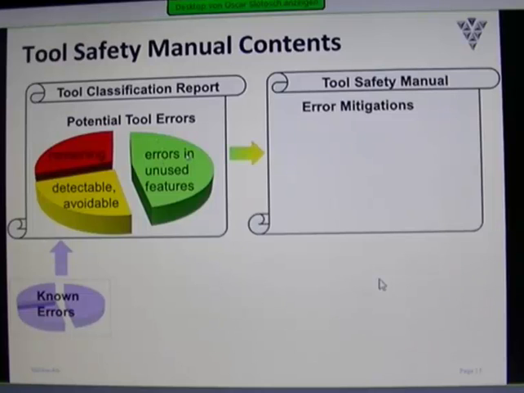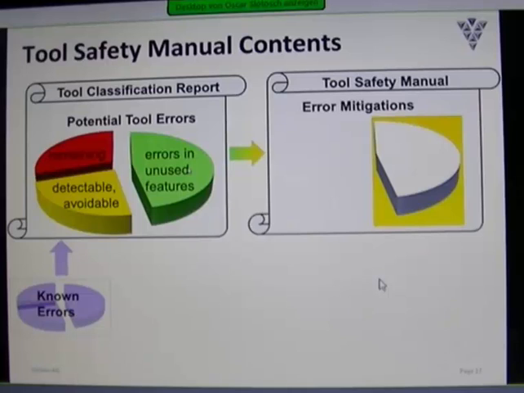However, you have to write into your safety manual, don't use a disassembler, because otherwise the classification would be wrong and there might be potential errors. So there you have a restriction not to use the disassembler, and that's something to put into the tool safety manual, because you said we don't consider it. The next thing are the detectable and avoidable errors.